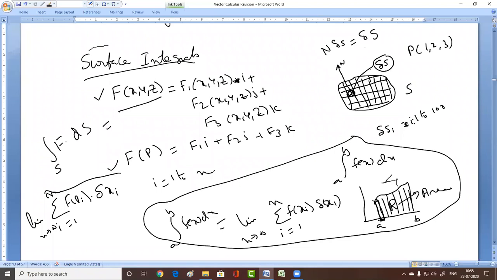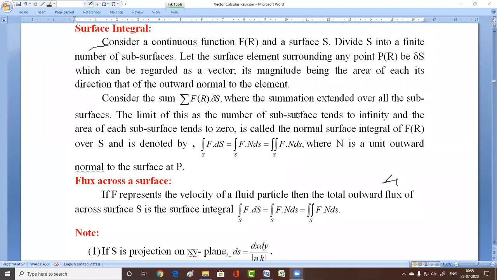Okay, I will explain again. Listen carefully, then we will discuss the problems. Now listen. Surface integral. Consider a continuous function f of r. F of r is a vector point function. S is the surface.